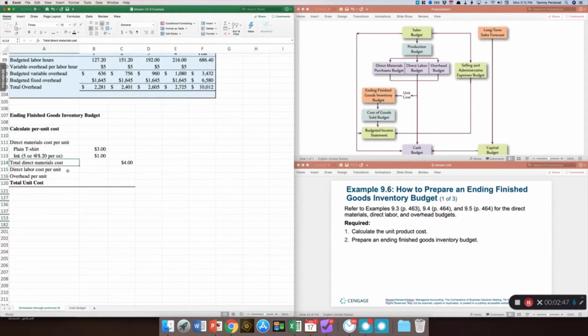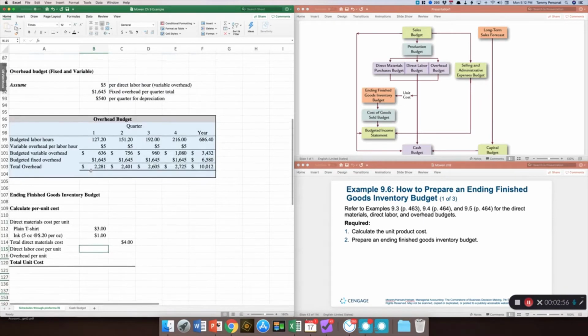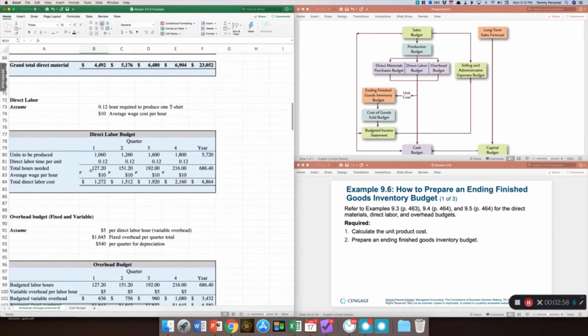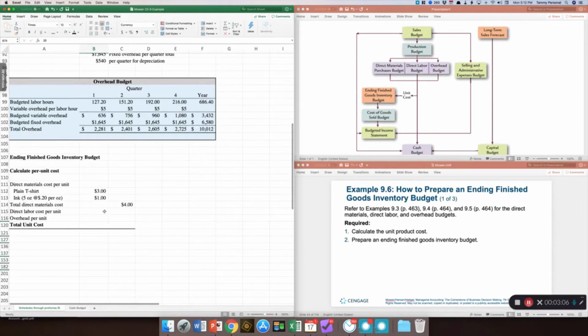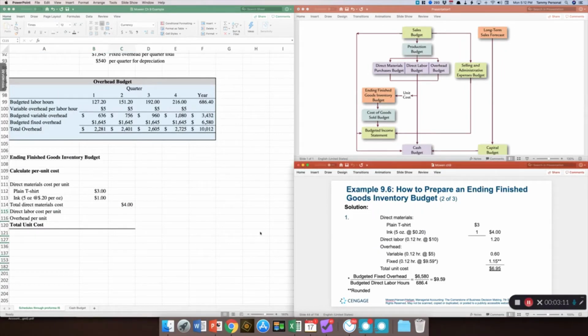Now, our direct labor cost per unit is very straightforward, because remember, in our labor budget, it was just 0.12 hours to produce a t-shirt at $10 per hour. So for our cost per unit for direct labor, let's go over to the other slide and make sure that I'm doing this.